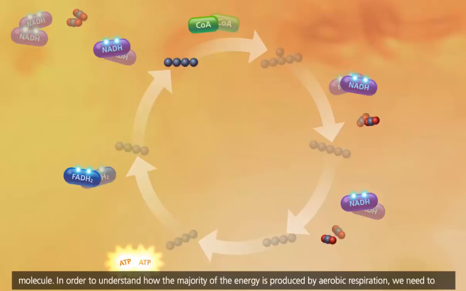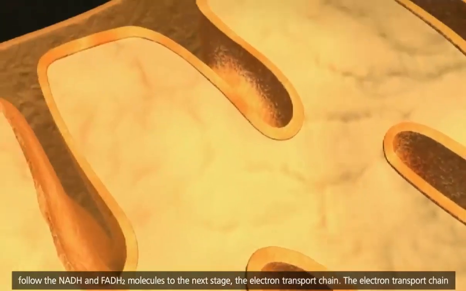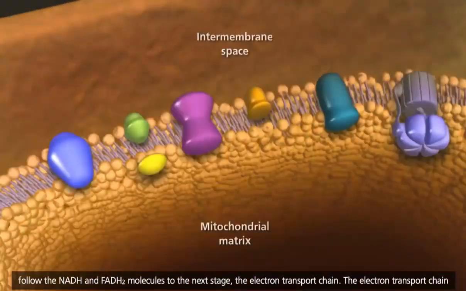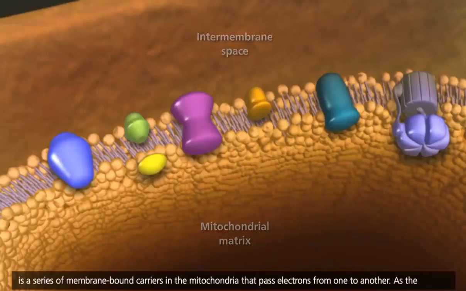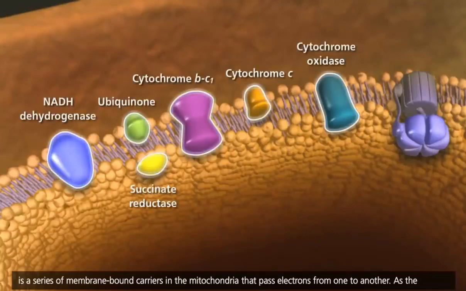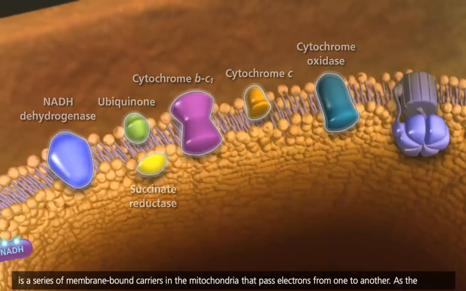In order to understand how the majority of the energy is produced by aerobic respiration, we need to follow the NADH and FADH2 molecules to the next stage, the electron transport chain. The electron transport chain is a series of membrane-bound carriers in the mitochondria that pass electrons from one to another.